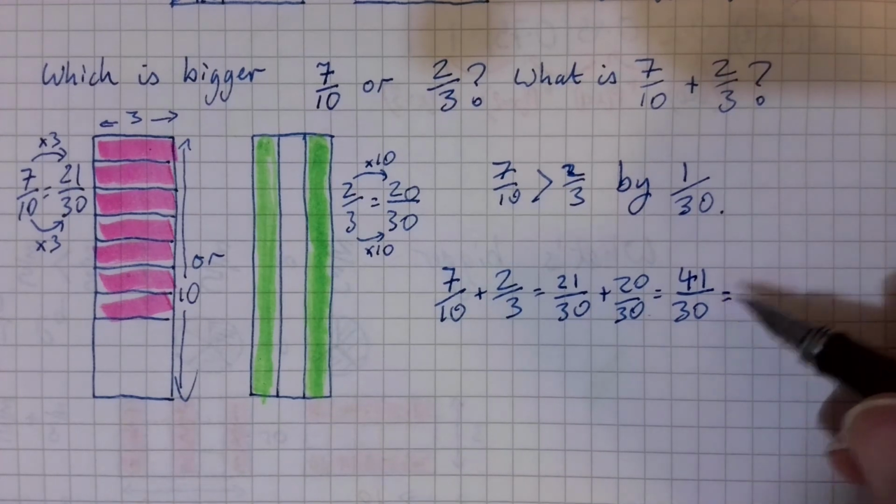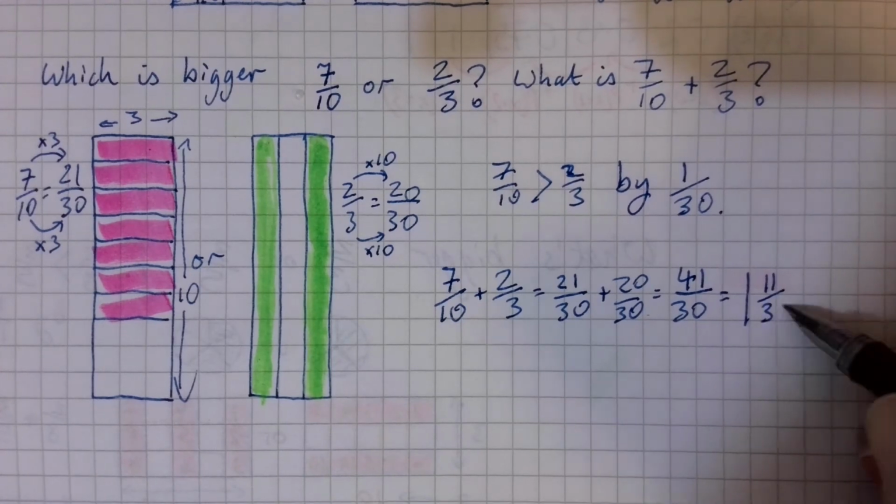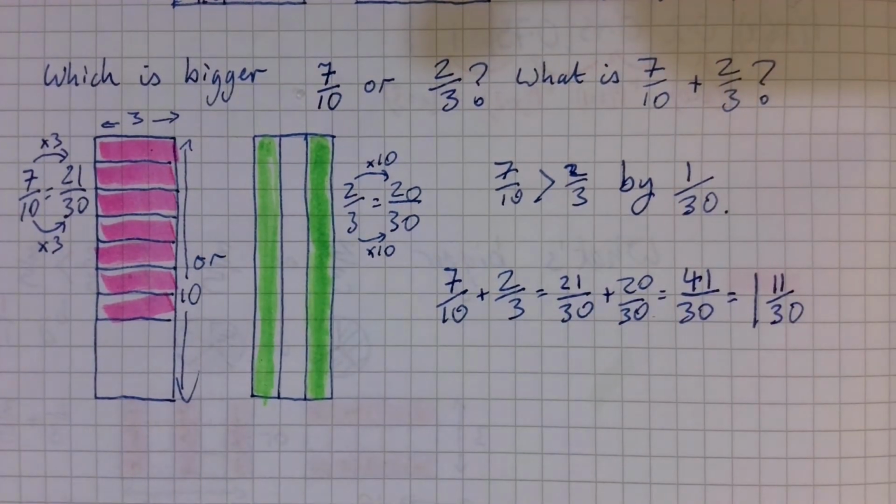So it's more than 30. How many more than 30? It's 11 more than 30. So what we end up with is 1 11/30.